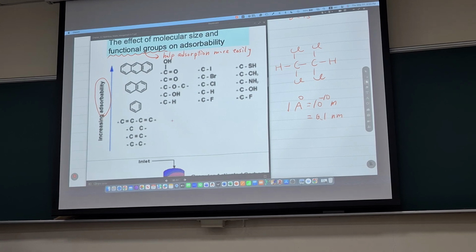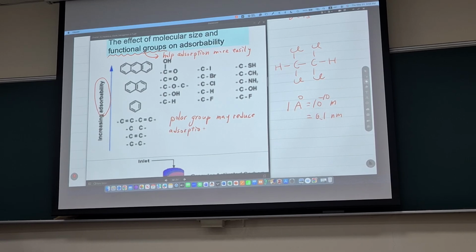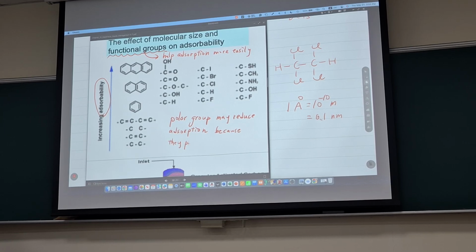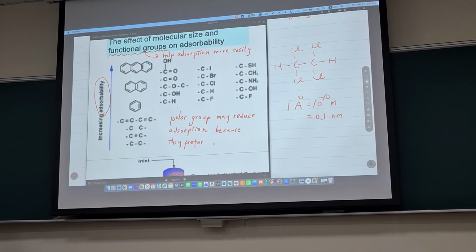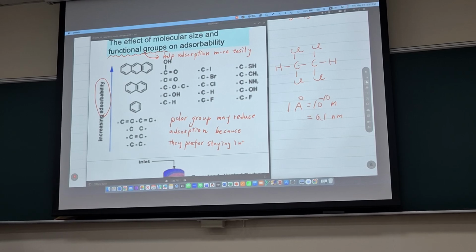For example, a polar group may reduce adsorption because they prefer staying in water, which means they are hydrophilic.